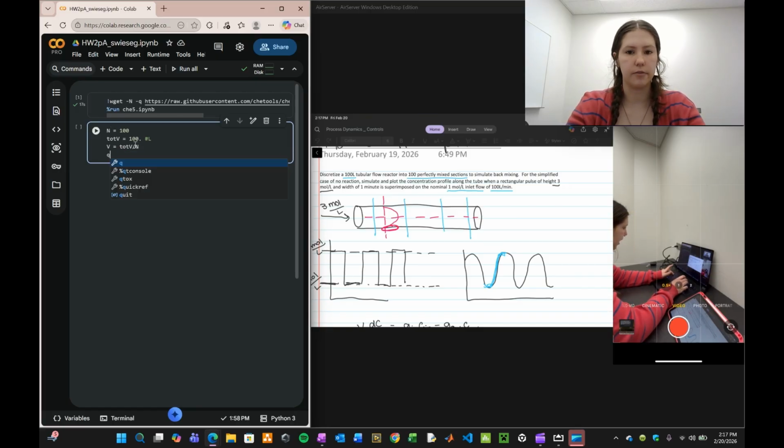And then we have our flow of 100 liters per minute, and we have a Cn naught value of 1 moles per liter.